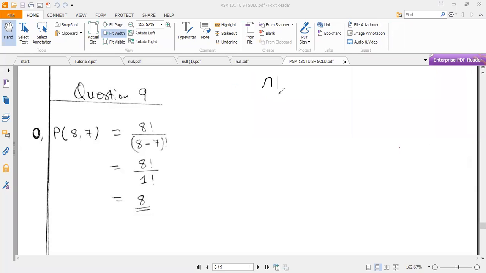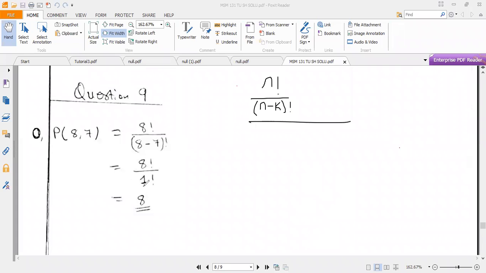All right, so n factorial over n minus k factorial. So that's the formula for a permutation. So it's easy. You just find 8 factorial over 8 minus 7 factorial.